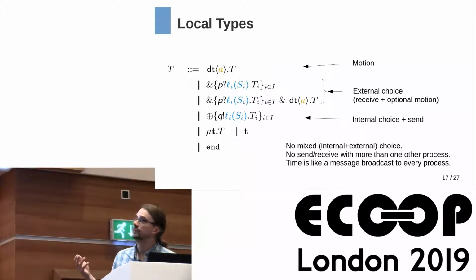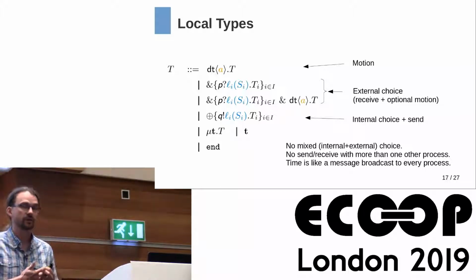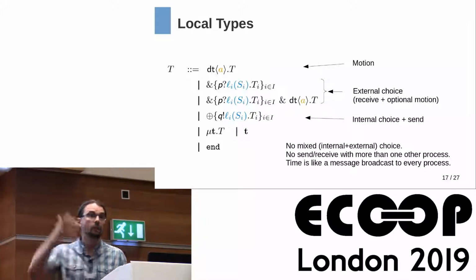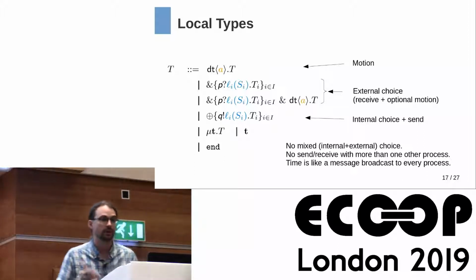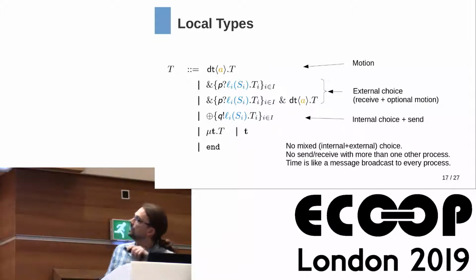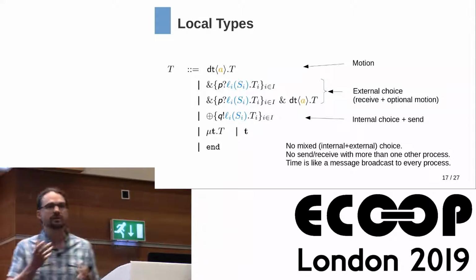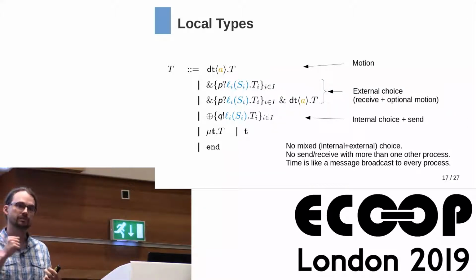When you are sending, you have internal choice, so you are in charge of picking the message you send, whereas when you receive, the sender actually chooses which message to send and you just have to react to it. But now we have an interesting extension of the external choice where we can react both to messages but also to time.